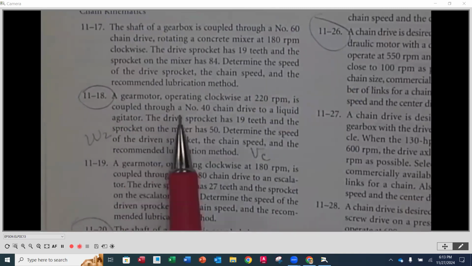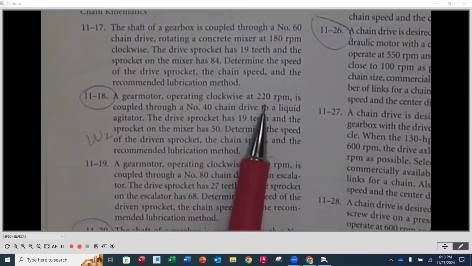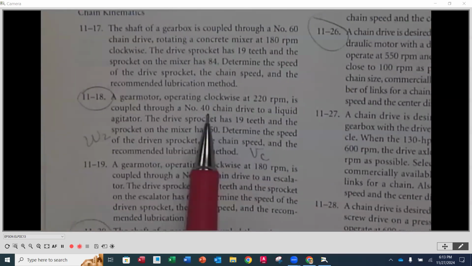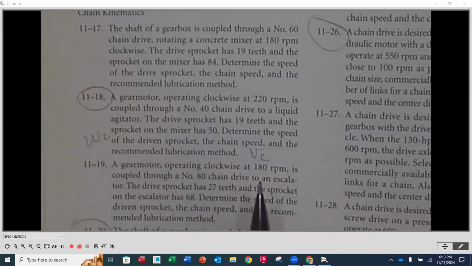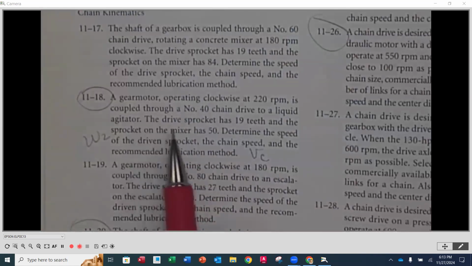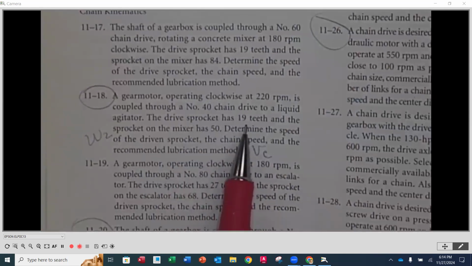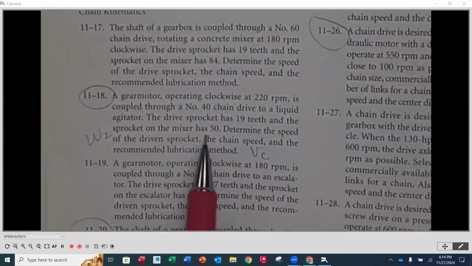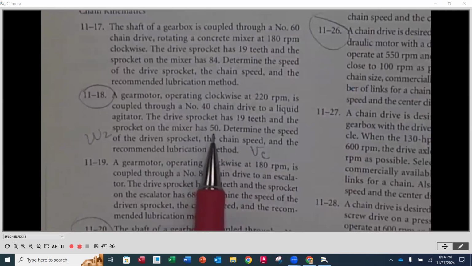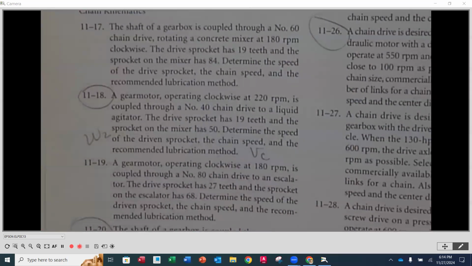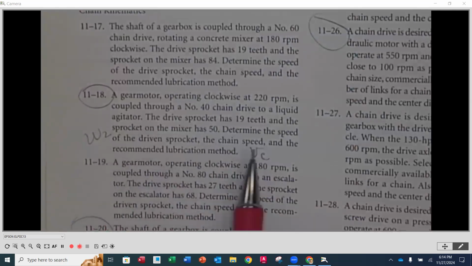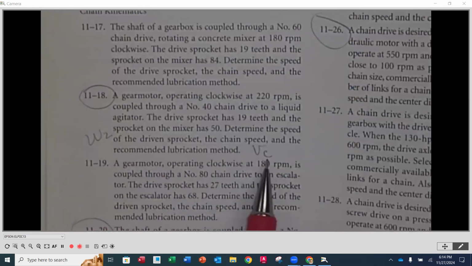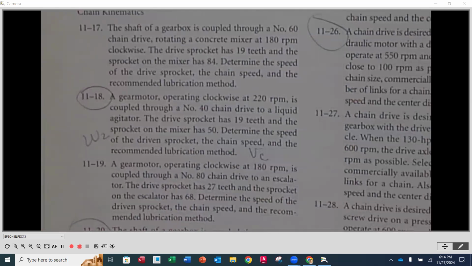Here we have a gear motor operating clockwise at 225 RPMs coupled with a number 40 chain to a liquid agitator. The drive sprocket has 19 teeth and the sprocket on the mixer, which would be the driven sprocket, has 50 teeth. Determine the speed of the driven sprocket, W2, the chain speed, VC, and then the recommended lubrication method.